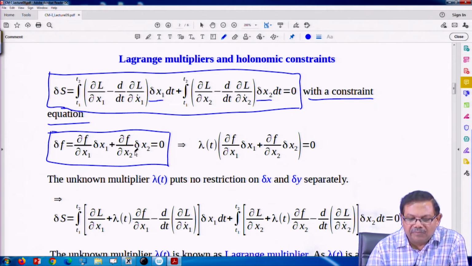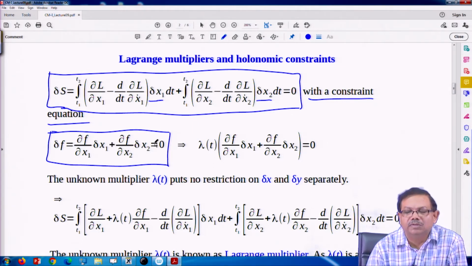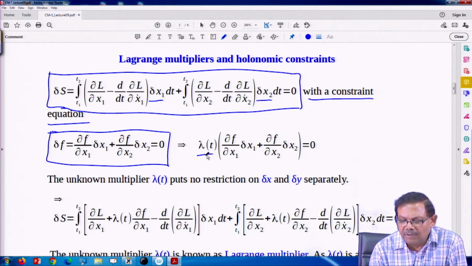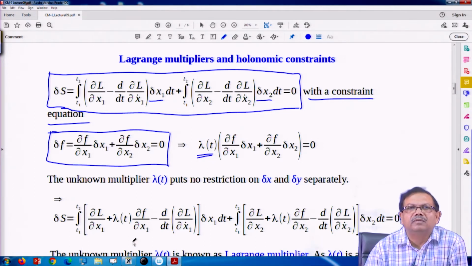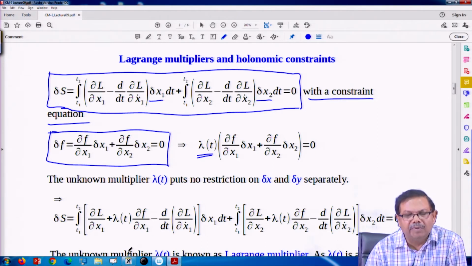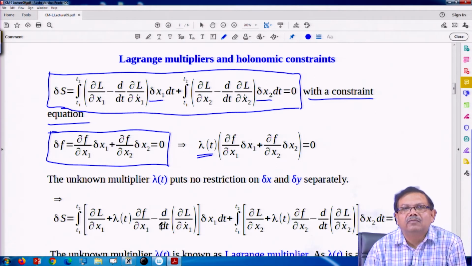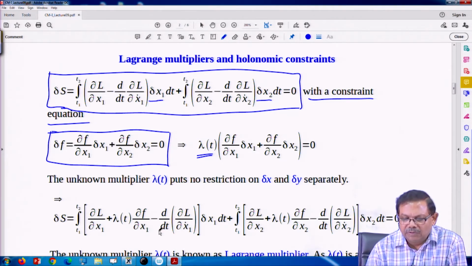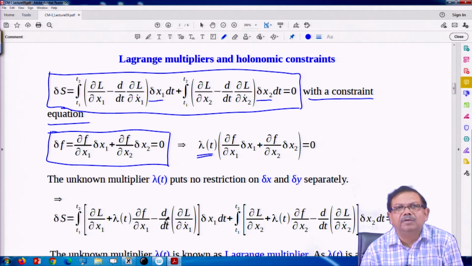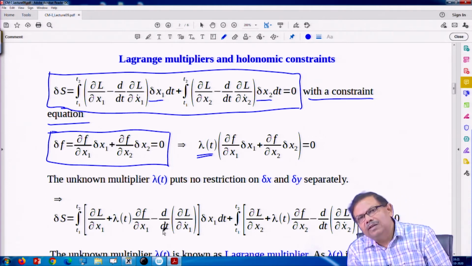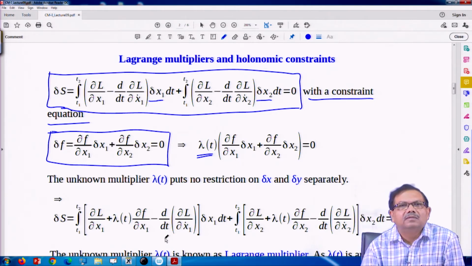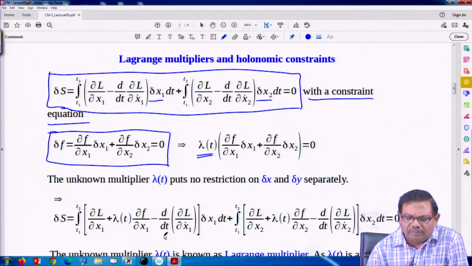We multiply, since this is equal to 0, I can multiply by any parameter which may be time dependent, which may be time independent, depending on the problem we are handling. So, in general it could be time dependent also, but in many problems it may be independent of time.